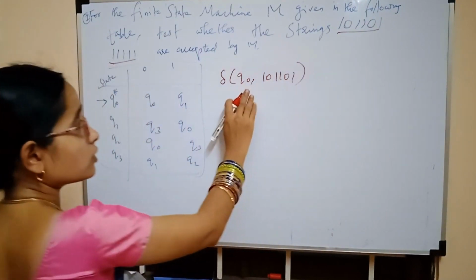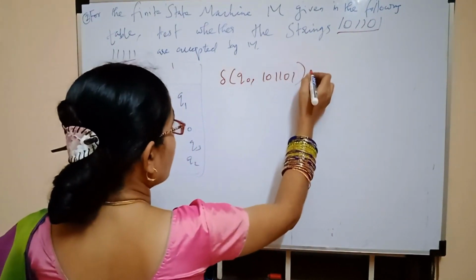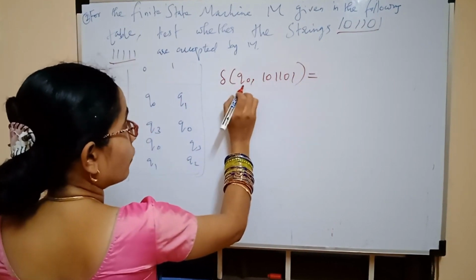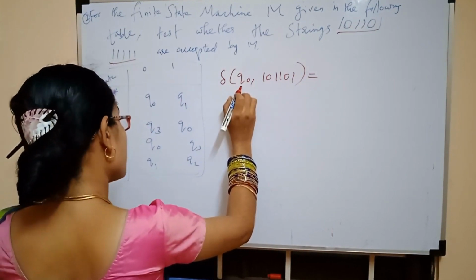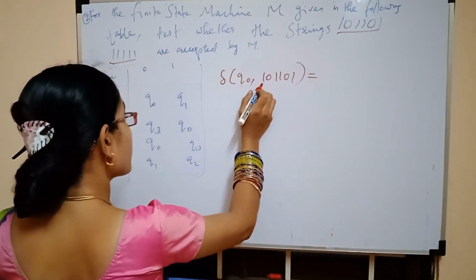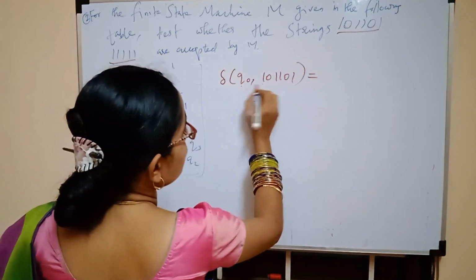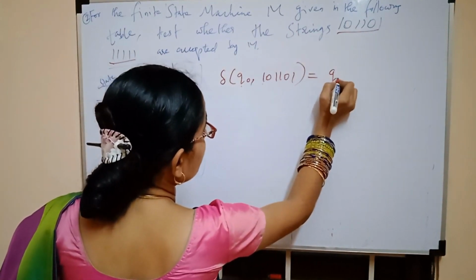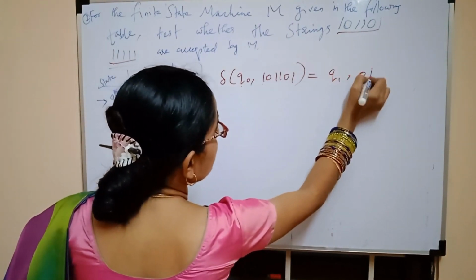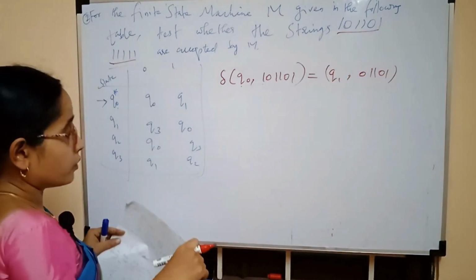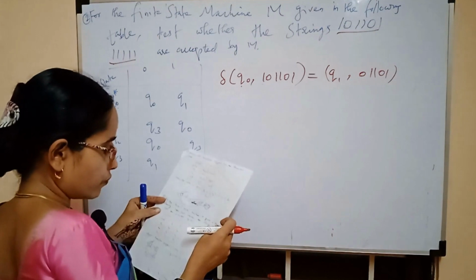Okay, so this is how we are taking this input. Now you have to find out delta of q0 comma 1. On being in state q0, upon seeing the symbol 1, it goes to q1, right? So you make it q1 comma 01101. Okay, this is how you have to write it.